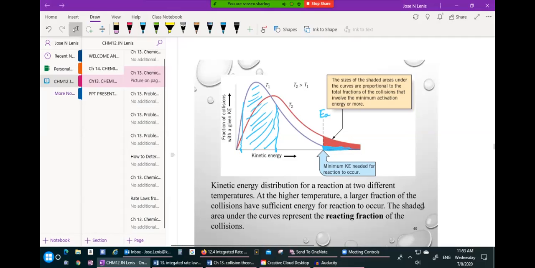Most of the molecules at temperature 1 will be in this area. In other words, most of the molecules have no chance to produce an effective collision because they don't have enough kinetic energy. They haven't reached the minimum kinetic energy needed for the reaction to occur.